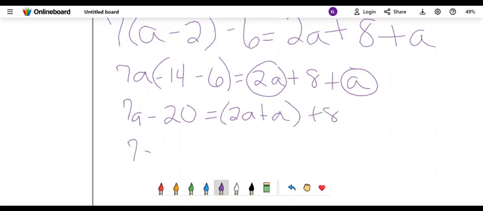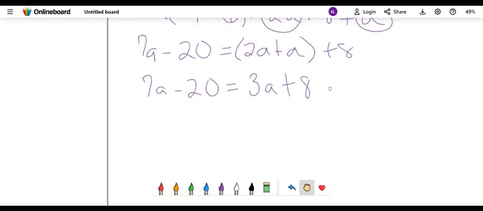And then let's just bring it down again just to show you guys. It's just going to be 3a plus 8. Okay, that's what we have so far.